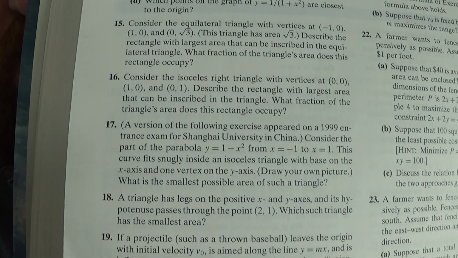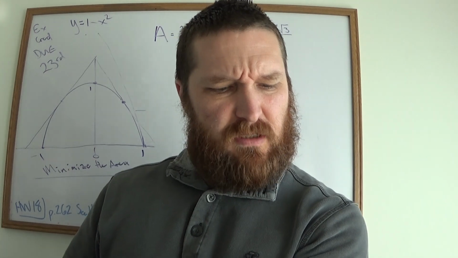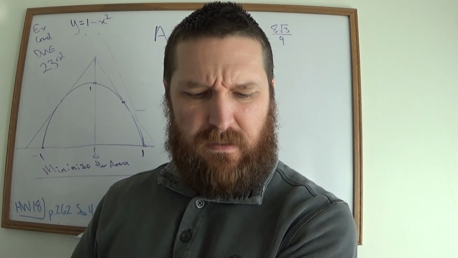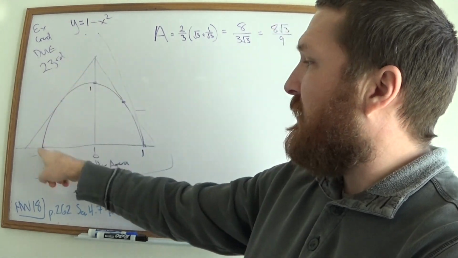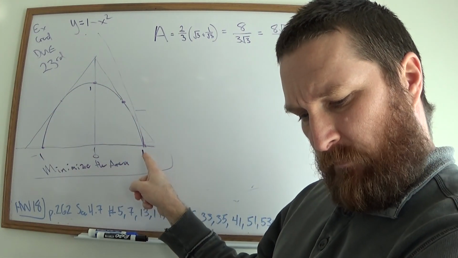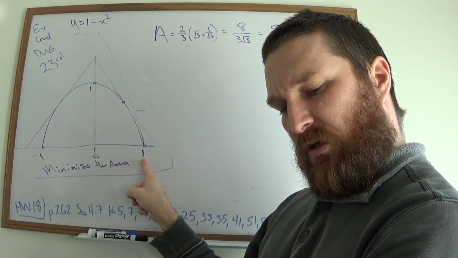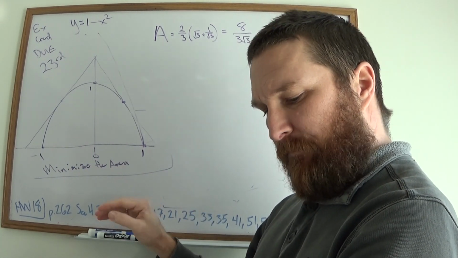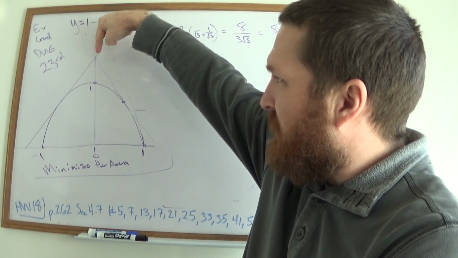Number 17. It says, a version of the following exercise appeared on a 1999 entrance exam for Shanghai University in China. Consider the part of the parabola y equals 1 minus x squared, so that's that guy that I drew right there, from x equals -1 to x equals 1. This curve fits snugly inside an isosceles triangle with its base on the x-axis and one vertex on the y-axis.